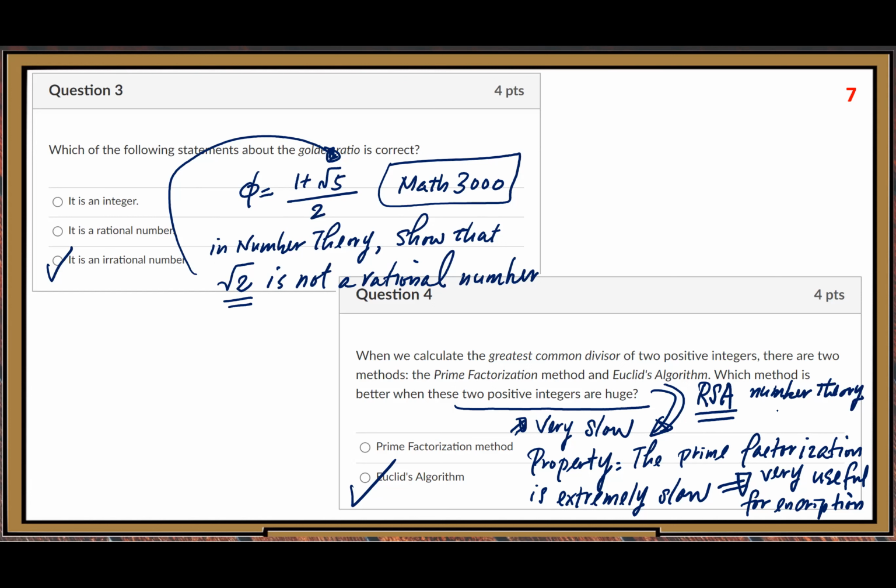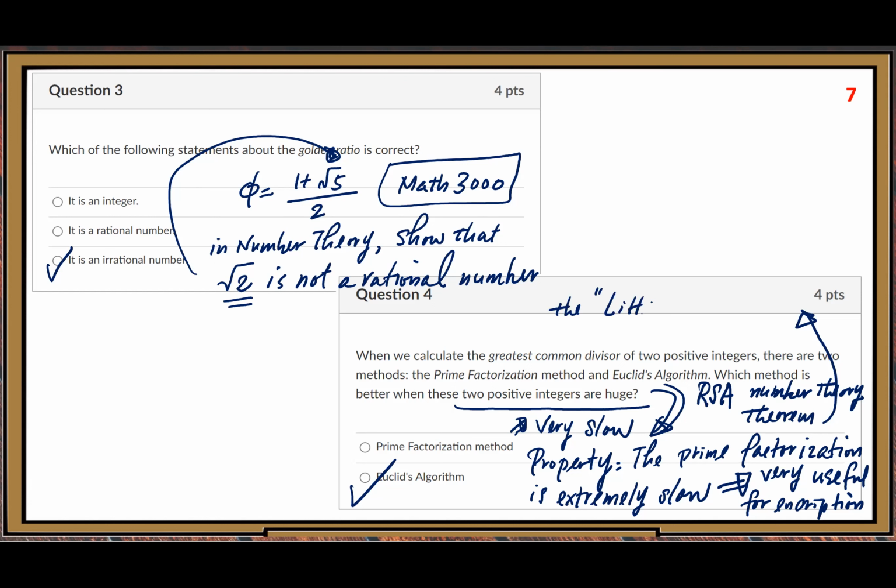There is a theorem in number theory, based on one famous theorem. So what's that theorem? Let me quote here.